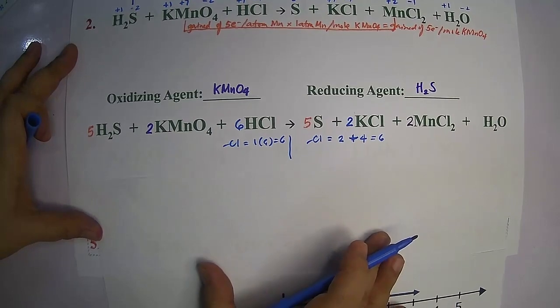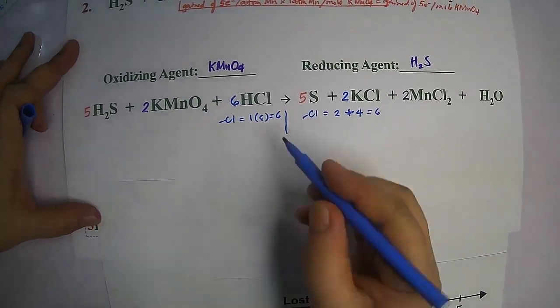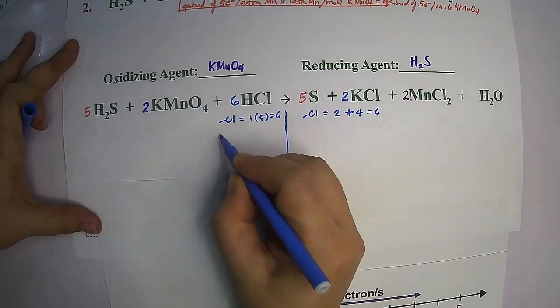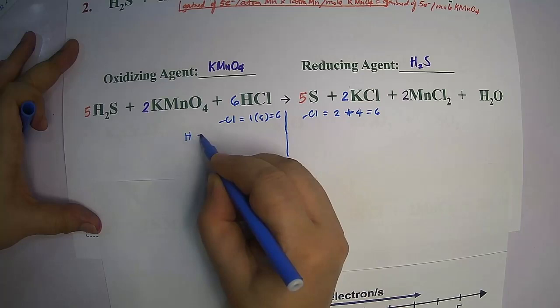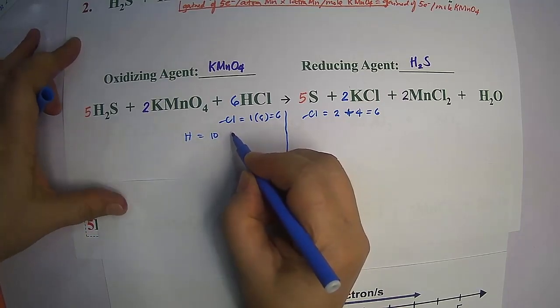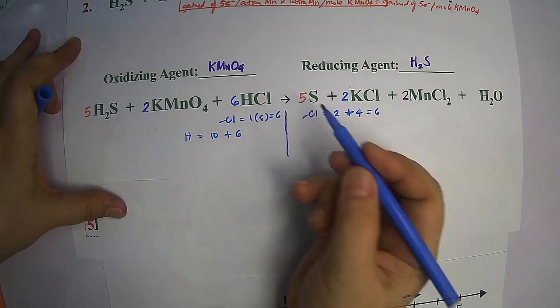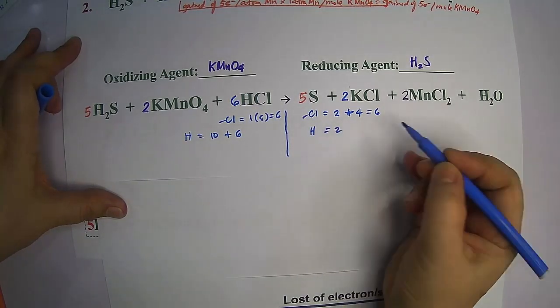The next step is you balance hydrogen. Here we have 10 from the hydrogen sulfide plus 6 from hydrochloric acid. In this side, we have only 2.